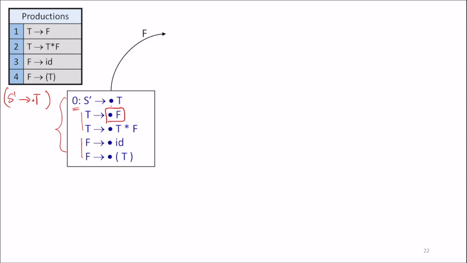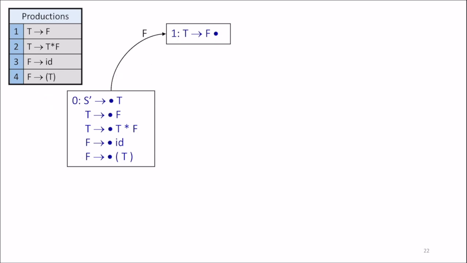If I move the dot across the F, I get T goes to F dot. And then I compute the closure over this. The dot is on the extreme right, so it doesn't produce anything. There's nothing else that I can add. So this dotted rule, T goes to F with the dot at the end, is the only thing I can put in this set.